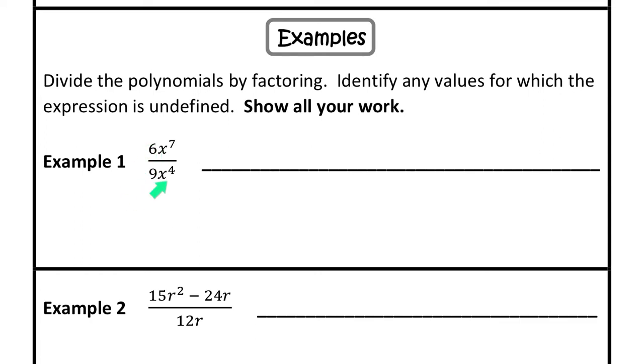For this one, I'm going to do the steps this way. So we have 6 over x to the 7th and 9 over x to the 4th.